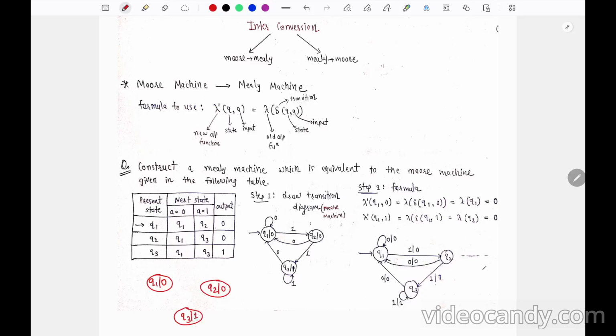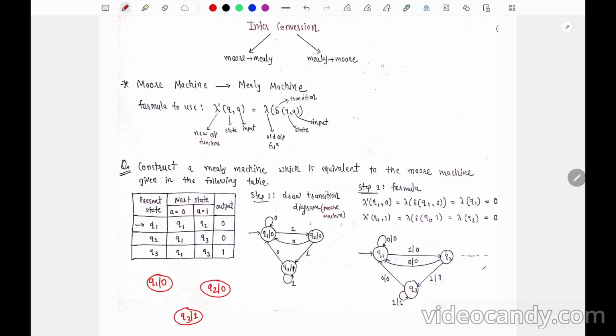Now we will see the transition from present state to next state. That means if we give Q1 the input 0, in which state is it going? We can see from the table. Here, if we give input 0 to the present state Q1, we get the next state Q1.